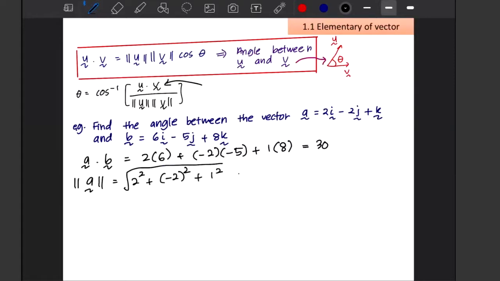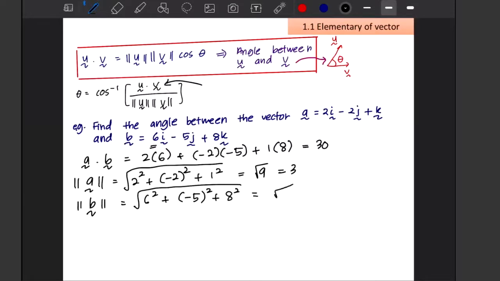So we get 9 and the square root of 9 is 3. And then we find the magnitude of B. So we have 6 squared plus negative 5 squared plus 8 squared, equal to 125.